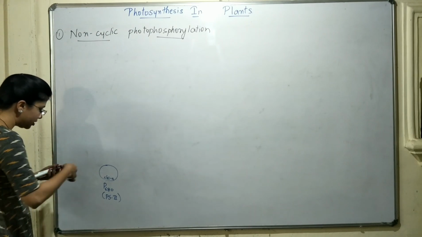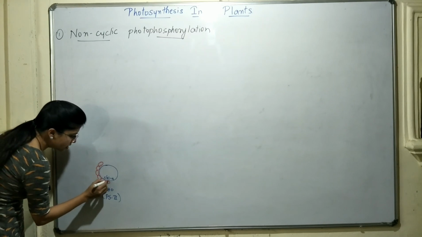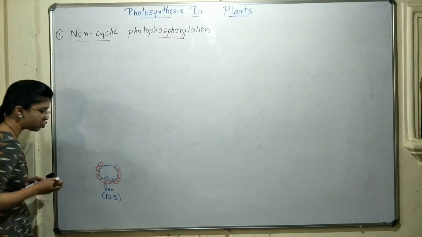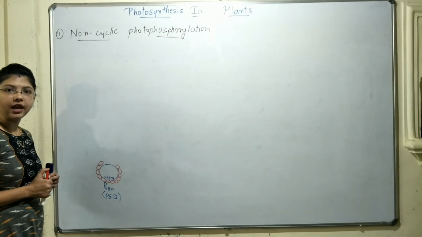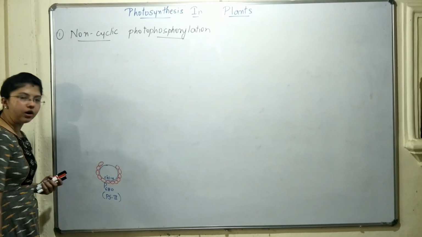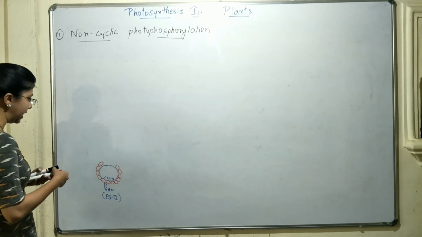Surrounding this reaction center, there will be of course the other accessory pigments which are going to absorb the lights of different wavelength and pass it on to the reaction center chlorophyll A molecule. But the chlorophyll A molecule here is itself involved in absorbing the 680 nanometer wavelength of light.